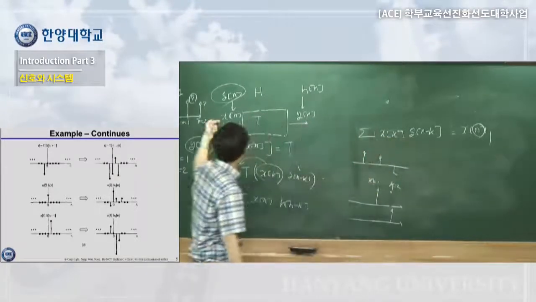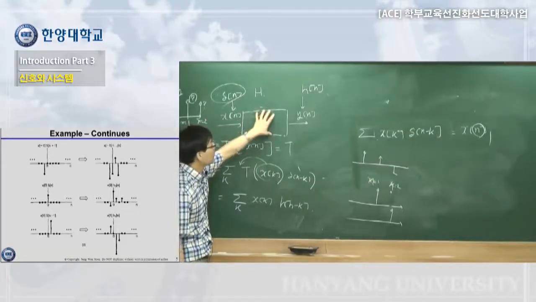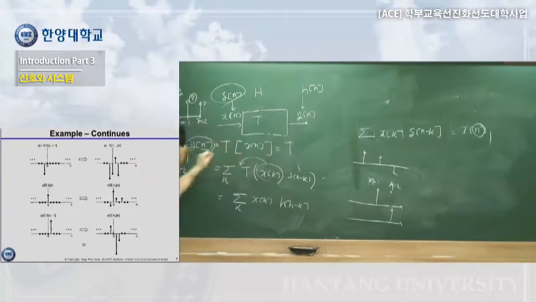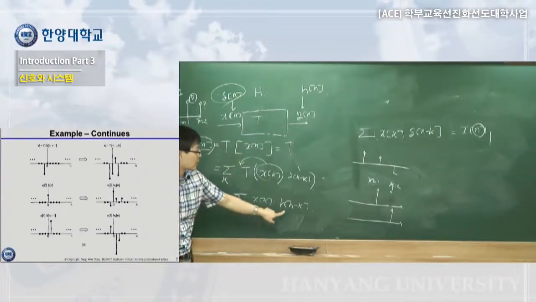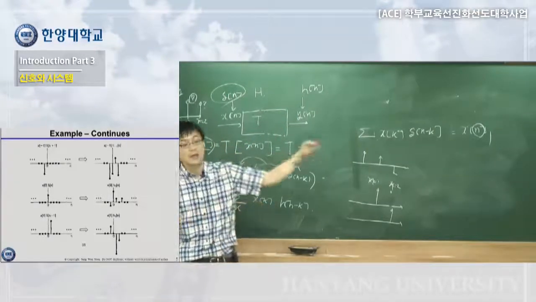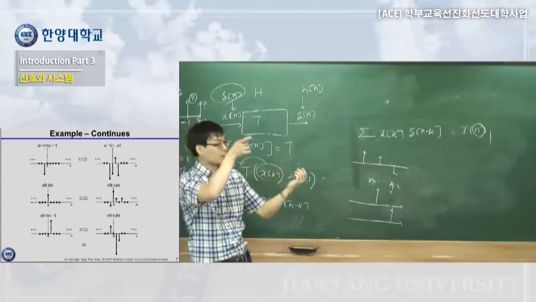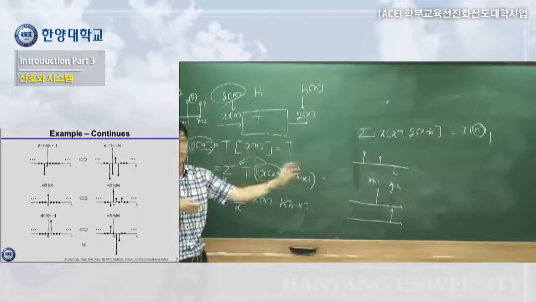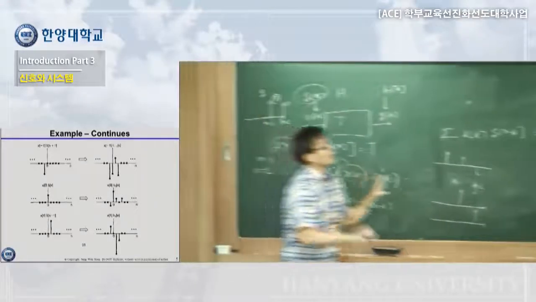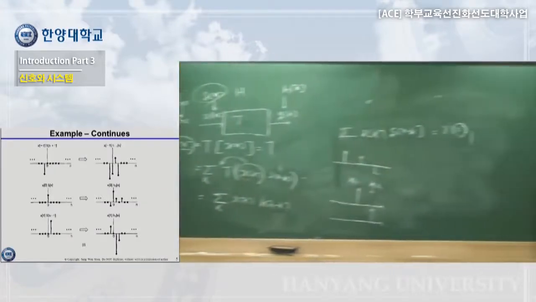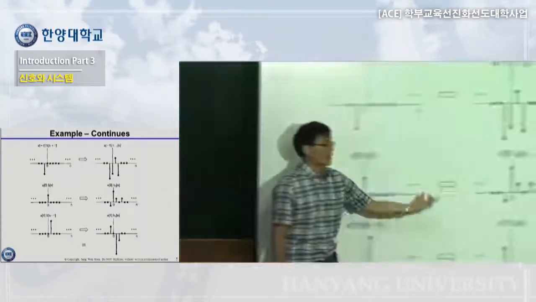When x is given as an input, passing through the system comes as an output. Output will be given as x times h, which is shown at the left side of the slide. So when the right side is given as input, what is the corresponding output? So they match one by one. When this one is input, this is output. When this is input, this is output. When this one is input, this is output.